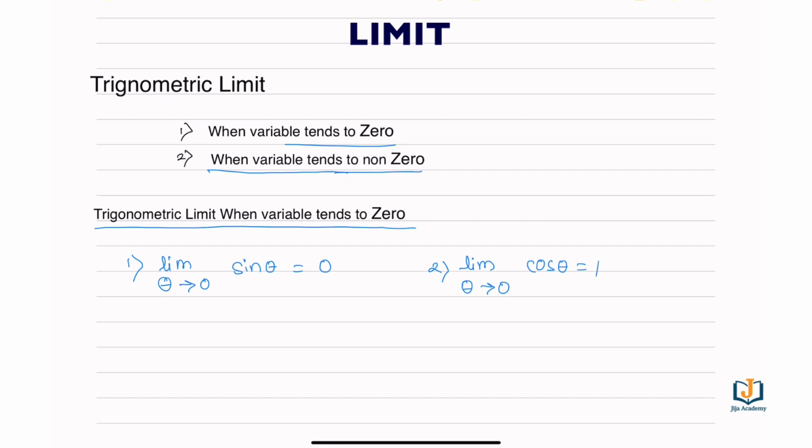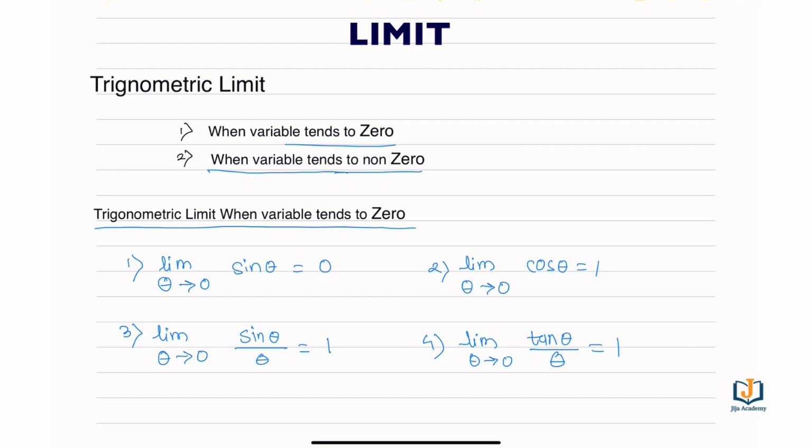Third formula is limit theta tends to 0 sin theta divided by theta is equal to 1. And fourth formula is limit theta tends to 0 tan theta upon theta is equal to 1.